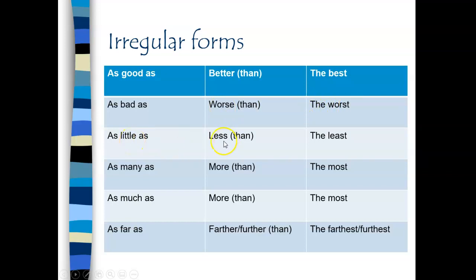Little becomes less than or the least. Many and much both take the structure of more than for the comparative form, or the most in the superlative form. Far becomes farther or further, and the farthest and furthest.